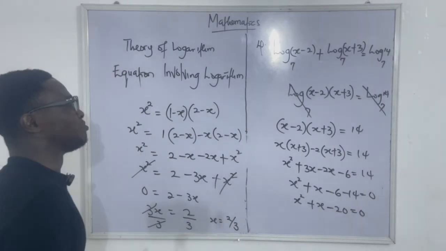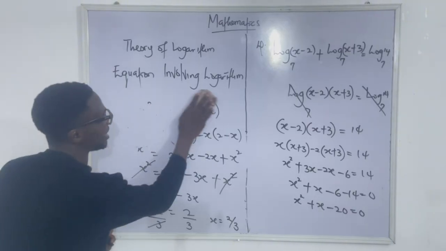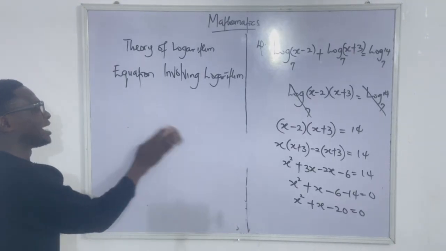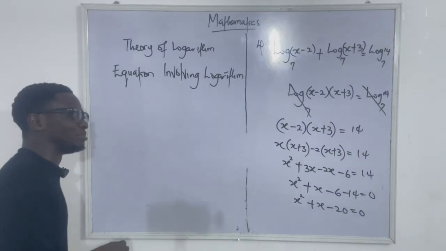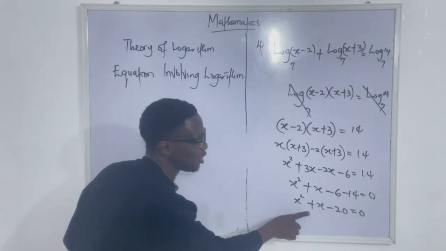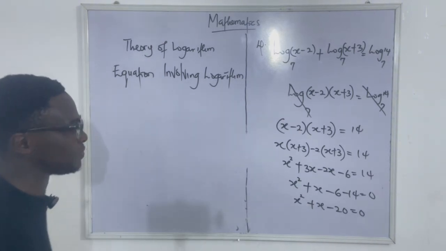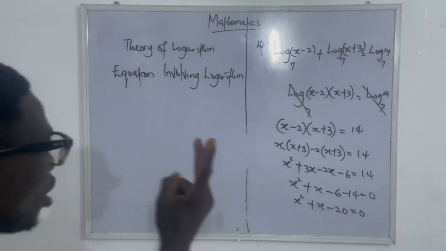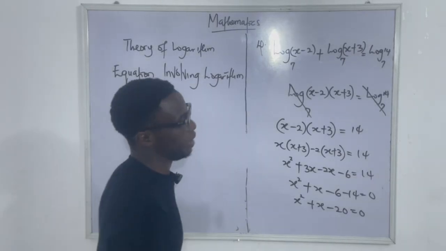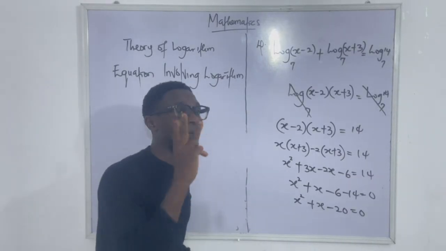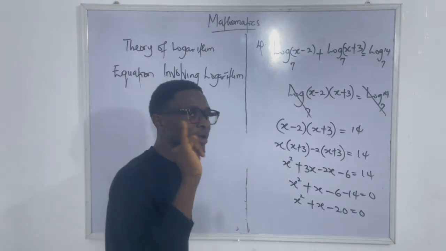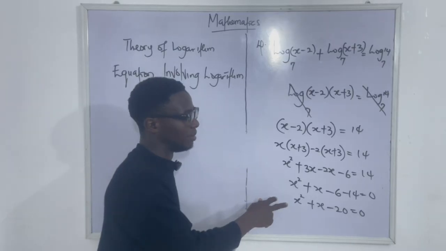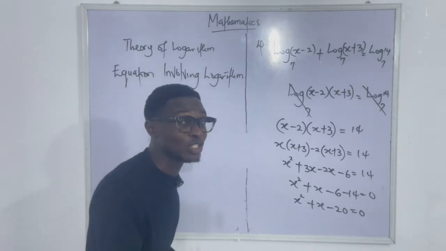Now, let me rub this so we can freely solve that quadratic equation. That's the beauty of logarithm equations. This one leads us to a quadratic equation. Normally, there are methods of solving quadratic equations: factorization method, quadratic formula, and completing the square method.